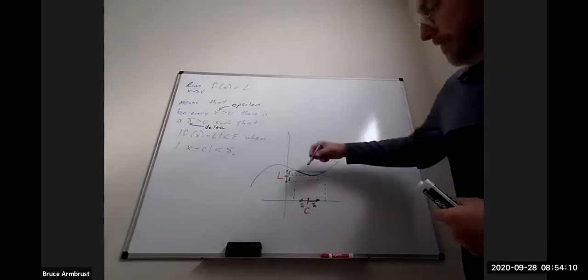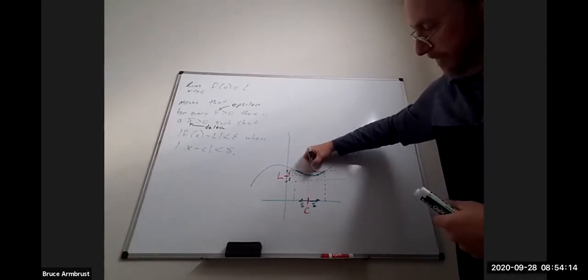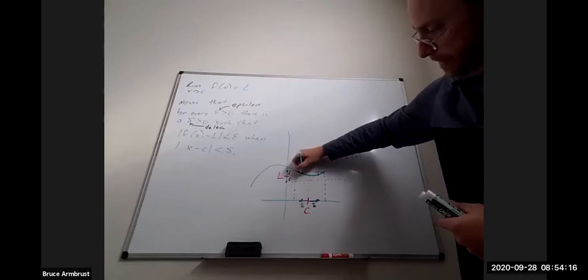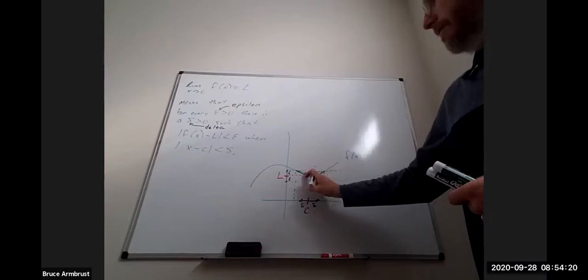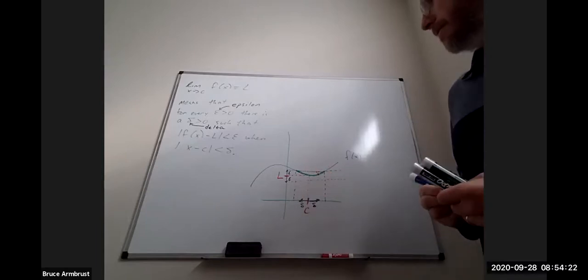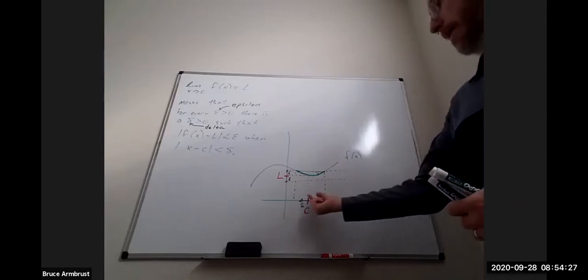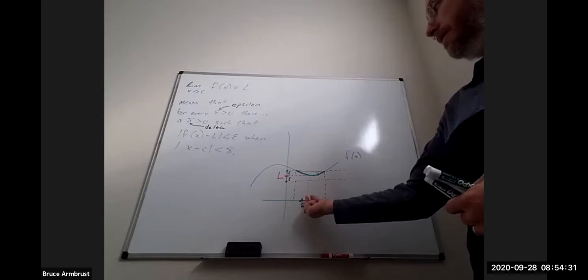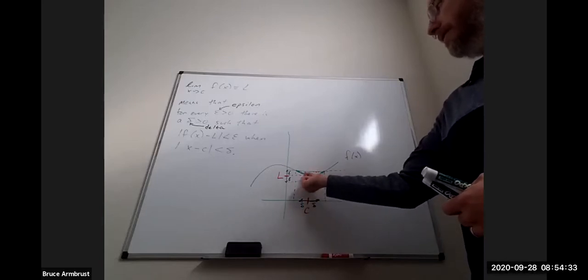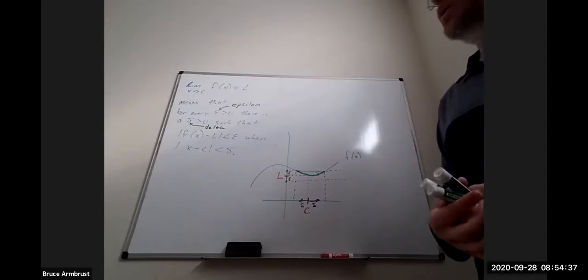Notice that if I restrict myself to C plus or minus delta, everything in that interval lies within my tolerance. Now, I could make delta bigger, because there's still more I could include. I can also make delta smaller, because if I shrink this down, it's still within that strip. But this is what our goal is going to be.